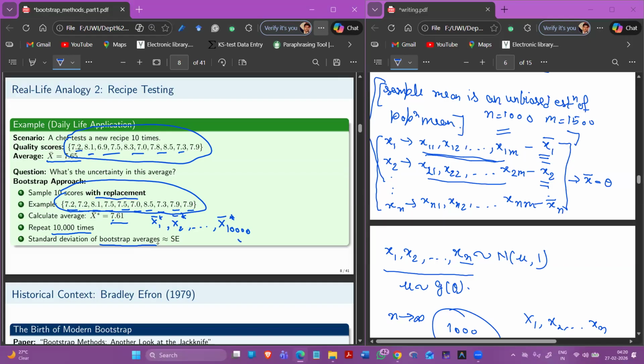So these are the 10,000 observations. Can I find the standard error with respect to these 10,000 means or not? I can. Whatever standard error I get here will be the standard error of the population.